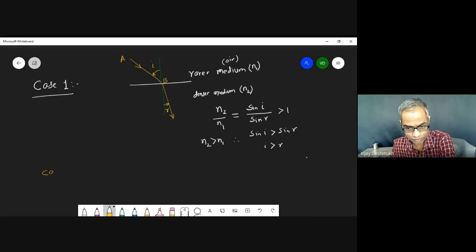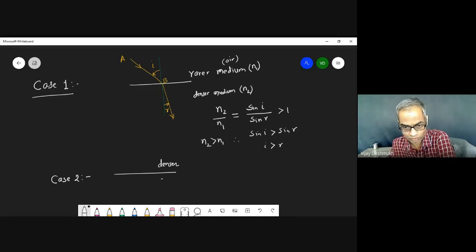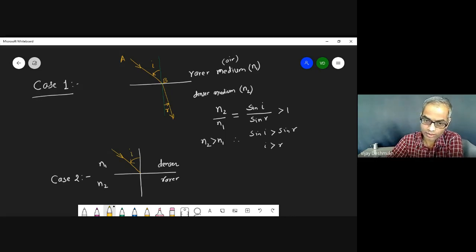Case 2. Now in case 2, the angle is the same I, but it is in the denser medium.